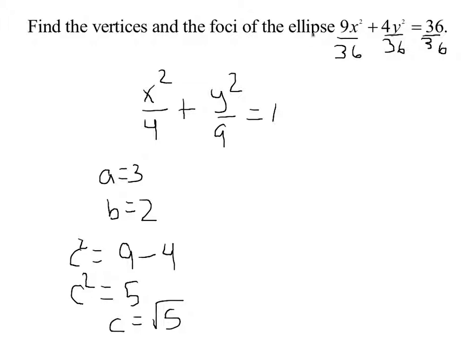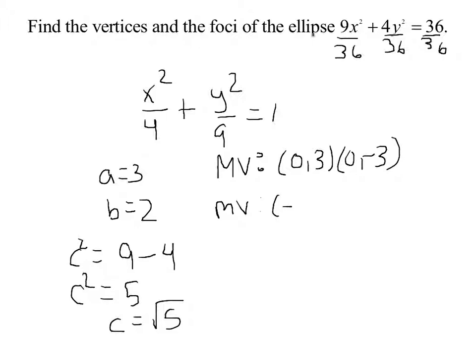So the major vertices are (0, 3) and (0, -3). The minor vertices are (-2, 0) and (2, 0).